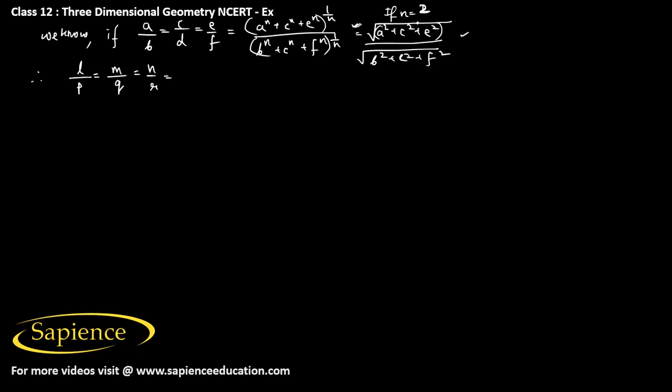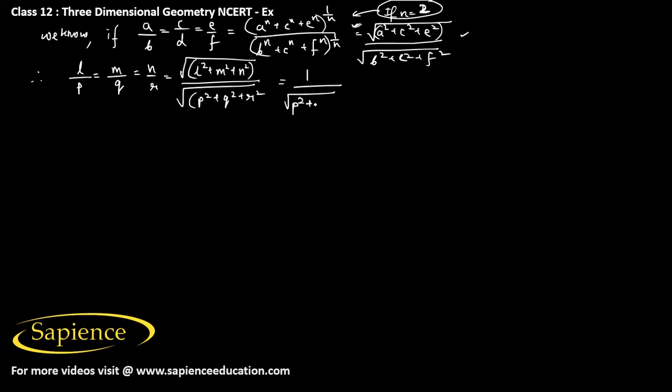So this will be (l square plus m square plus n square) whole power half, divided by square root of P square plus Q square plus R square. Now l square plus m square plus n square, its sum is obviously 1. So it is 1 by square root of P square plus Q square plus R square.